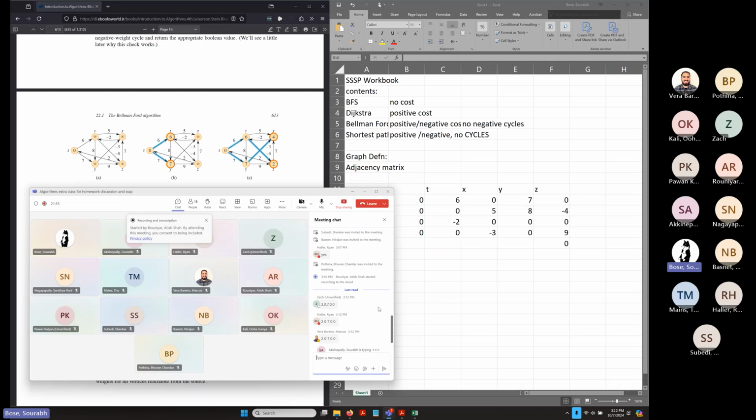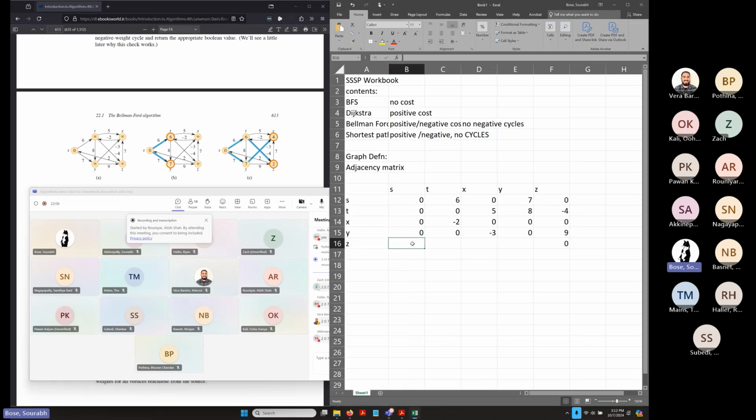Z goes. Oh, there is 1 to S. Yes. Right, exactly. Very good, Zach, Ryan, Marcos, and Saurav. So we have 1 to S with a 2, then 0, nothing to T, going to X with a 7, nothing to Y, and that one is 0. Awesome, very good. Now let us write the same thing as an adjacency list.